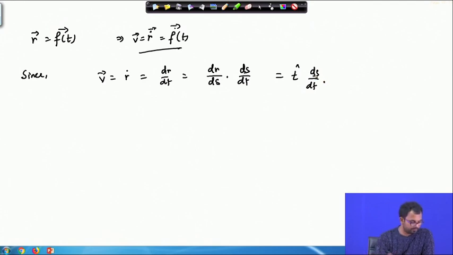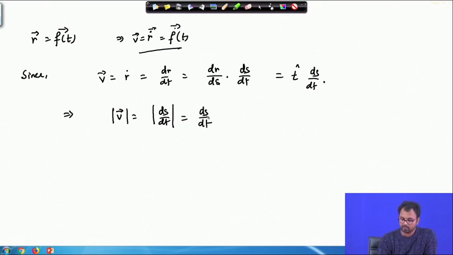So, you see, if I take mod of v, then it is mod of ds dt. ds dt is the rate of change of arc length, so it will always be positive. So, we have ds dt, and this positive quantity can be denoted by v, and this v is actually the speed.